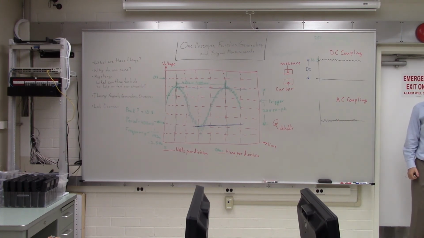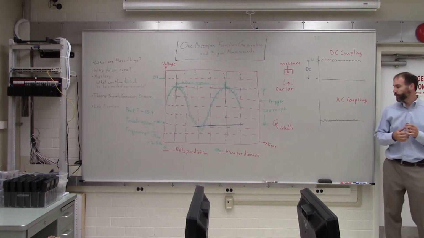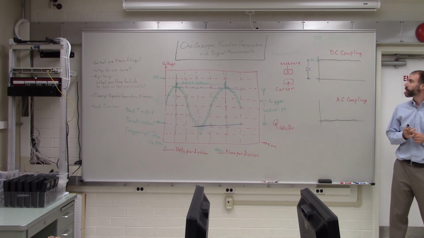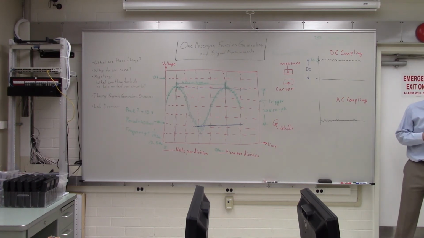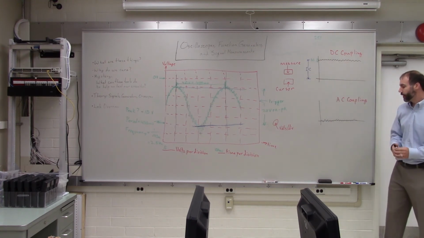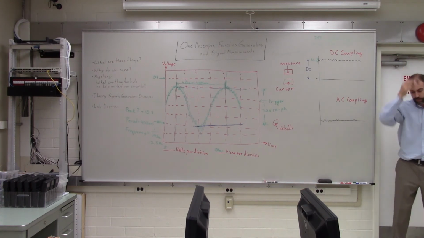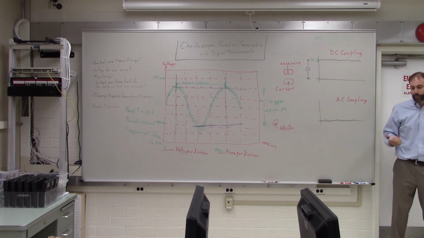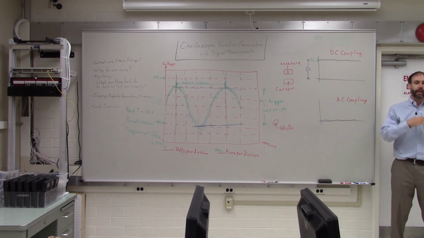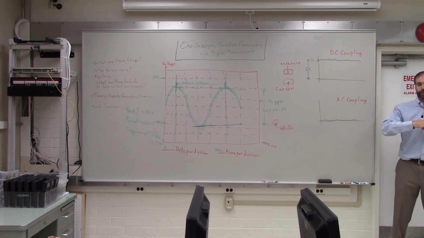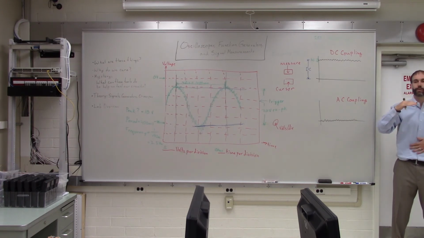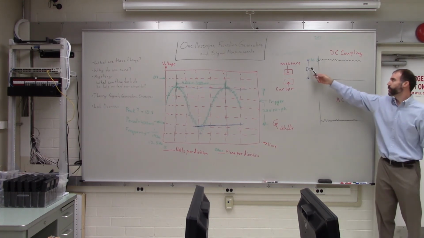Yeah? What would you need to know the DC offset for? I mean, again, it just depends on what sort of signal you're dealing with. Sometimes the DC offset is the interesting part, and you've just got a little bit of noise there. So like if you're measuring a signal that's coming from a sensor, and the average voltage tells you how much sunlight is hitting a particular sensor, say, then that average voltage would be the DC voltage.